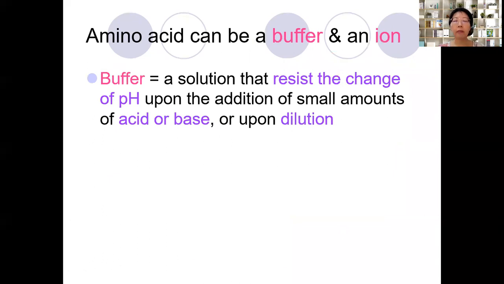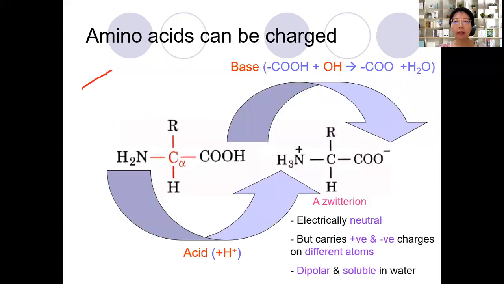Now, amino acid can be a buffer. Now, what is a buffer? A buffer is a solution that can resist the change of pH upon the addition of small amounts of acid or base, or upon dilution. So what I've shown you just now in the previous slide is that whenever you add a small amount of acid, this acid will react with the base to become NH3+.